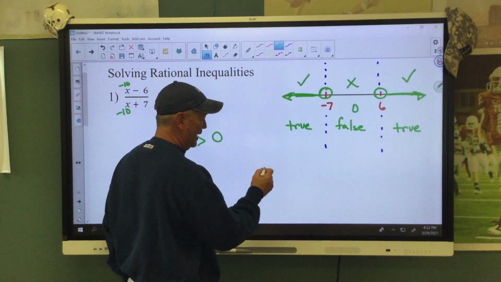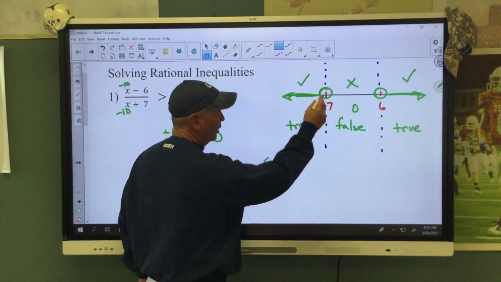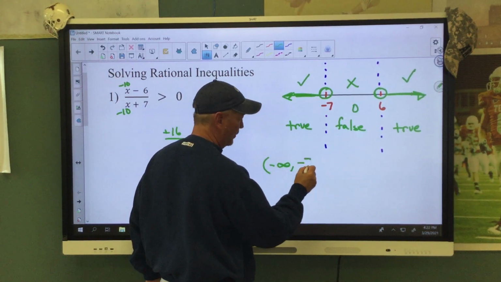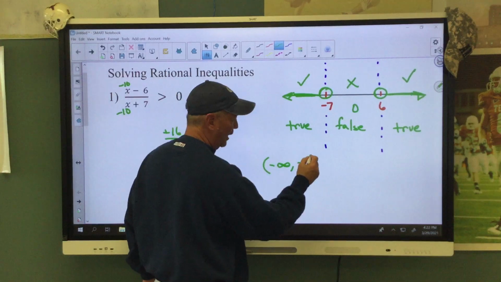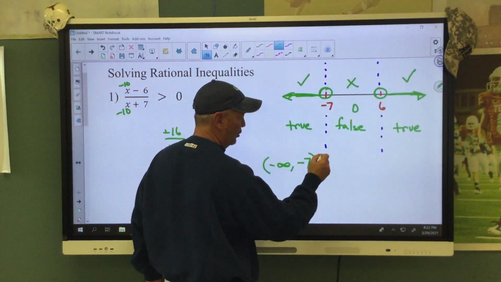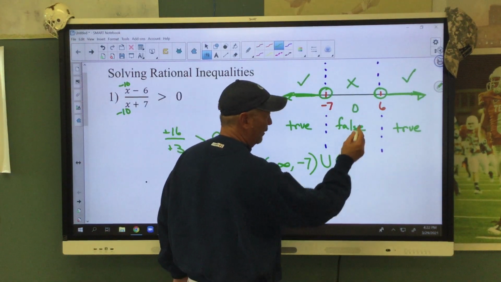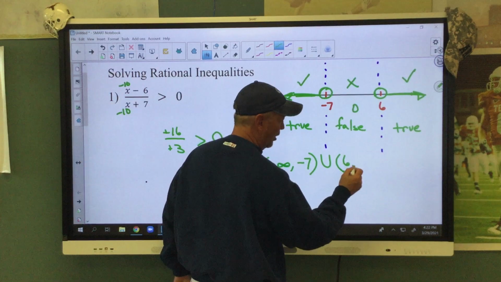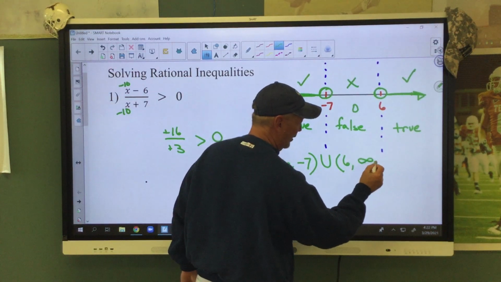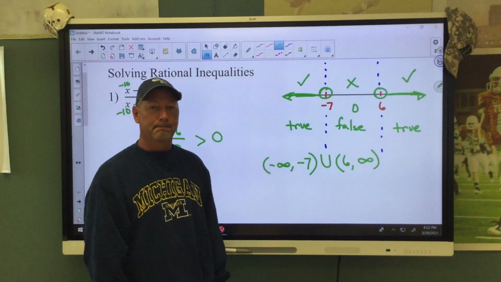We're going to say from negative infinity to negative 7. Now we're going to give it a soft bracket for the open circle. We have a gap, so we're going to have a U to hold it together. And we're going to say soft bracket for the 6 to positive infinity. And this is our solution set right there.